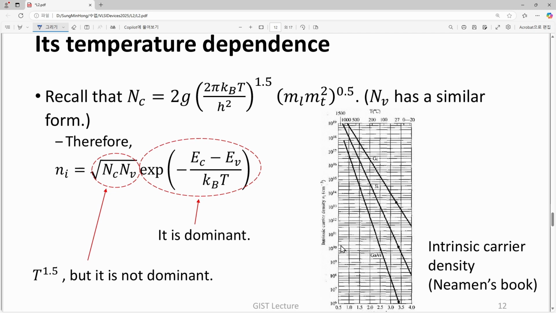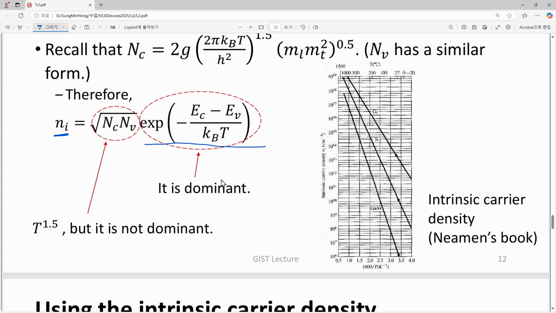Then the temperature dependence of ni has quite a sensitive form. Although Nc and Nv also have temperature dependence, it is not that dominant.